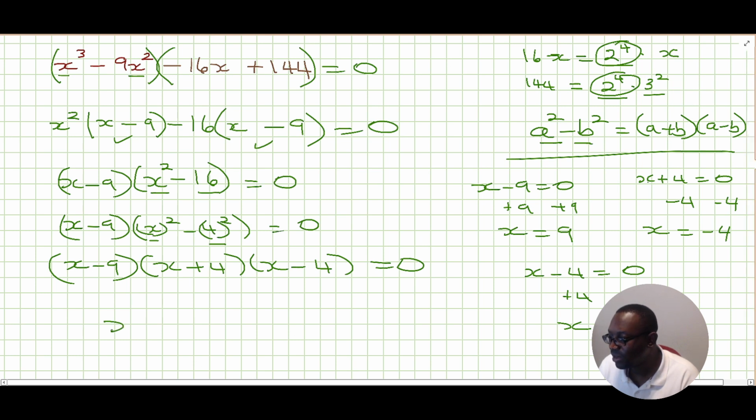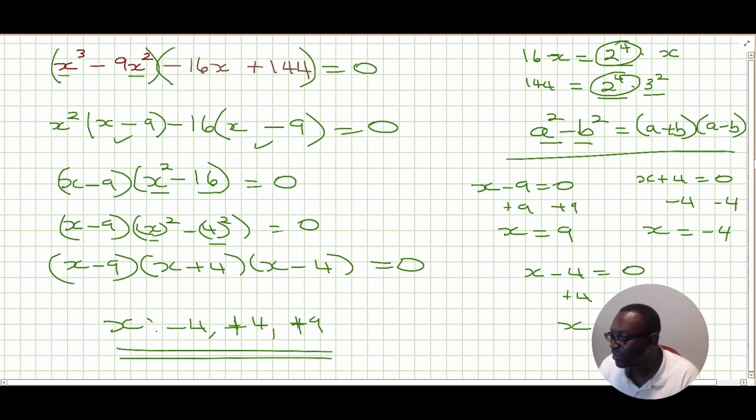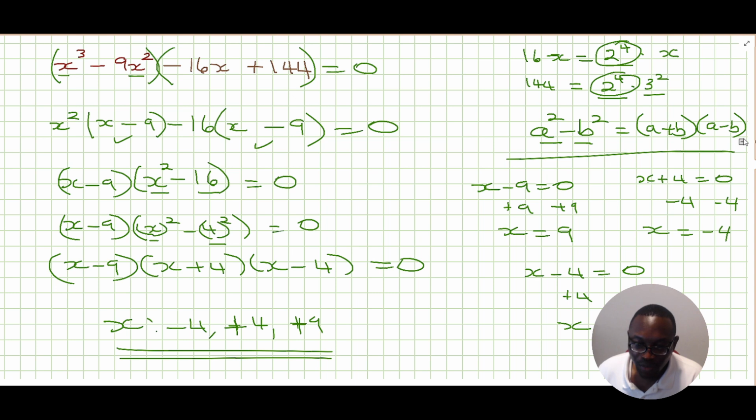So now your values of x are minus 4, plus 4, and then plus 9. Normally, you don't need to put the plus sign if it's a positive number. It's just a habit I have, but you don't have to. I hope that helps. If we need to, we can get some more questions like that ready for next week.